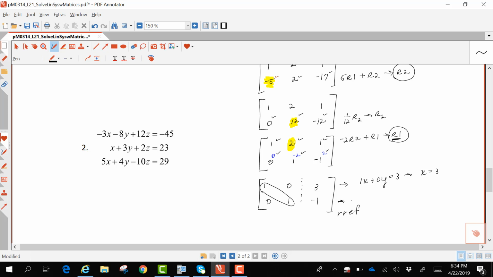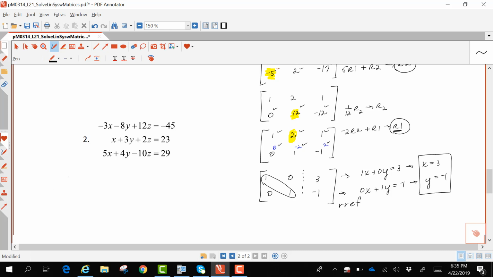The bottom row would be 0x plus 1y equaling -1, or y equals -1. There are my solutions. That method is called Gaussian elimination.